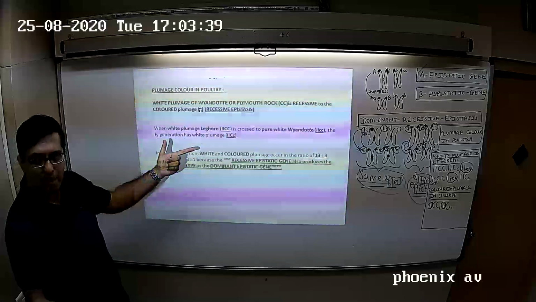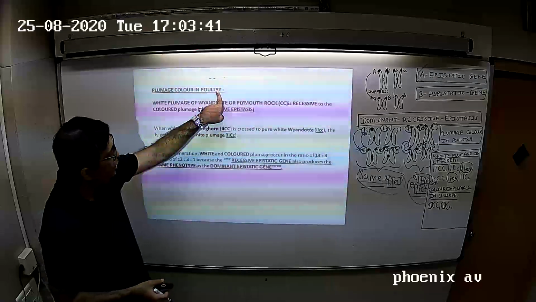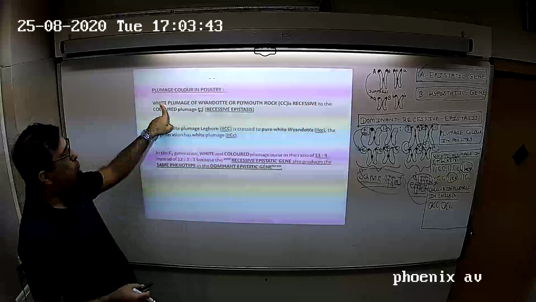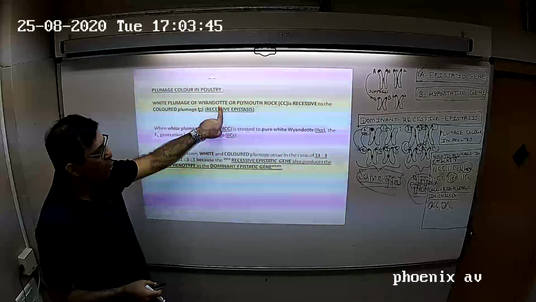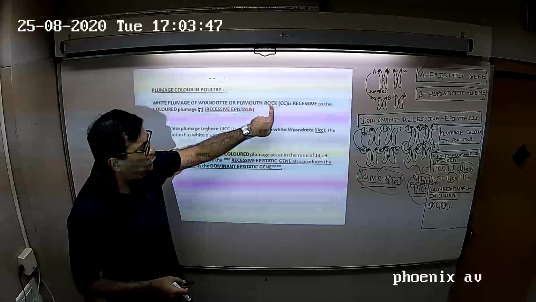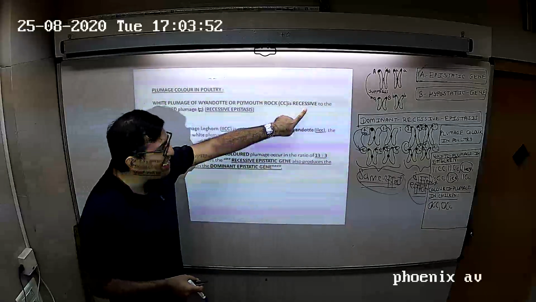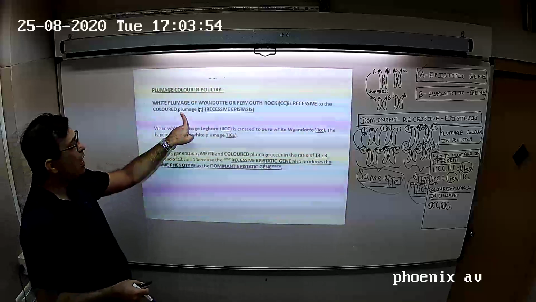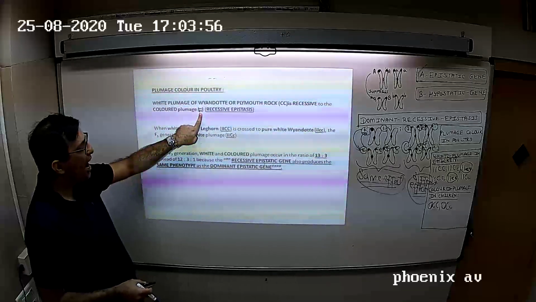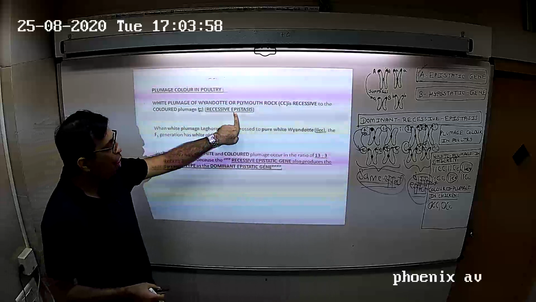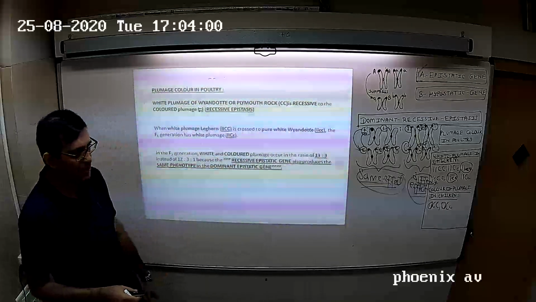Now we take an example. White plumage in poultry. White plumage of Wyandotte or Plymouth Rock. These are some chickens in the US on which this study was done. So in Wyandotte or Plymouth Rock, the white color of feathers, plumage, capital C is recessive to colored plumage small i, which is called recessive epistasis.